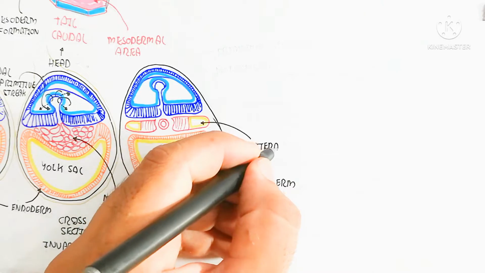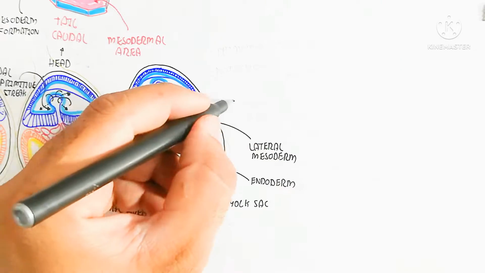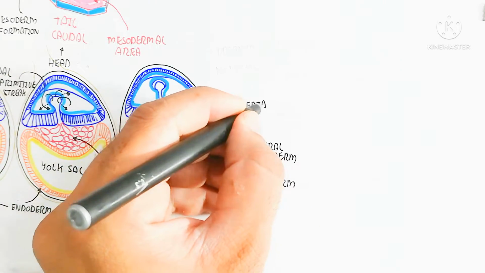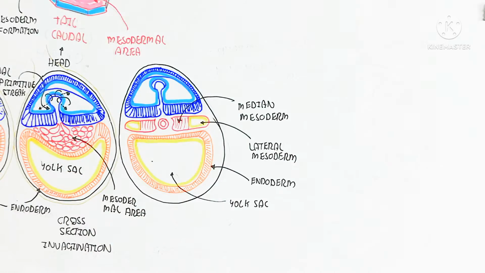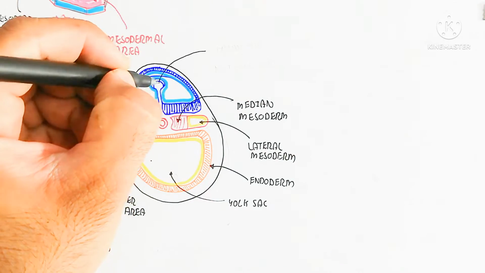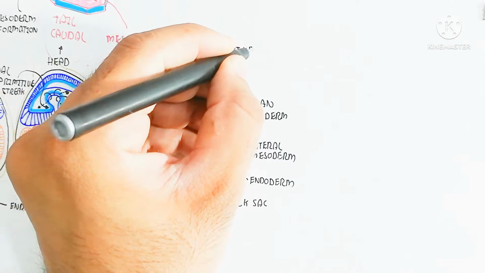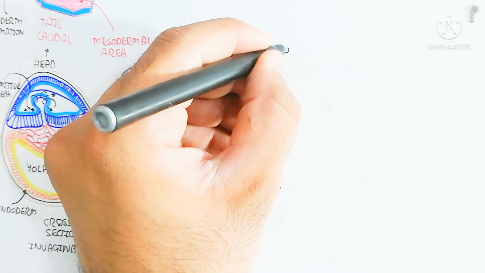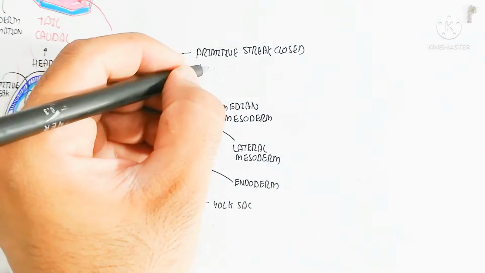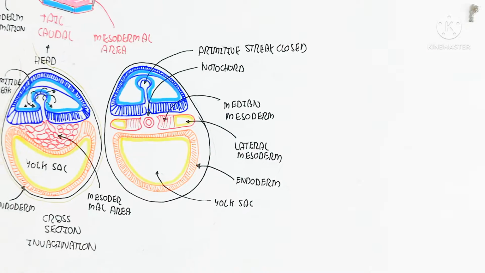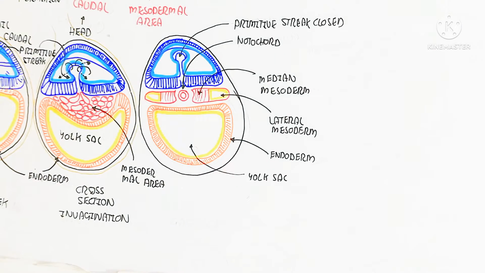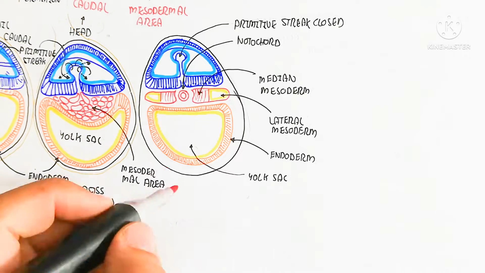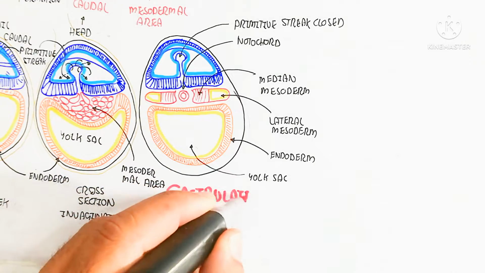This mesoderm modification will also lead to the production of the notochord after the closing of the primitive streak. When the primitive streak closes, the primitive node is still here, but the notochord is formed due to the primitive streak closing, and it is the precursor of the spinal cord.